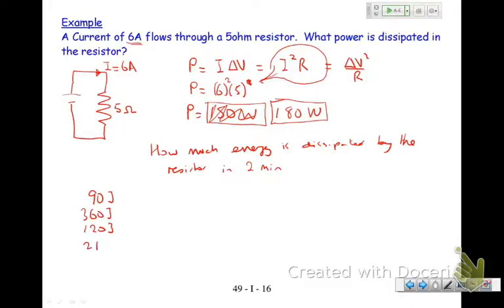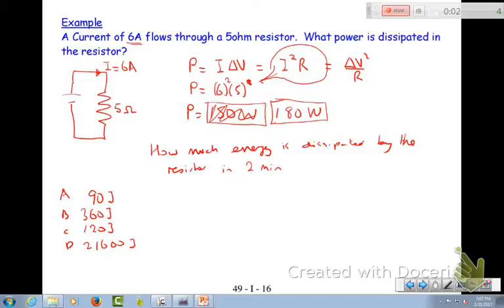Let's have 21600 joules. A, B, C, D. And if you know me, you know the answer. So what's the answer? So how are we doing? So you know the power. What's the energy dissipated, the heat given off, if you like, in 2 minutes?